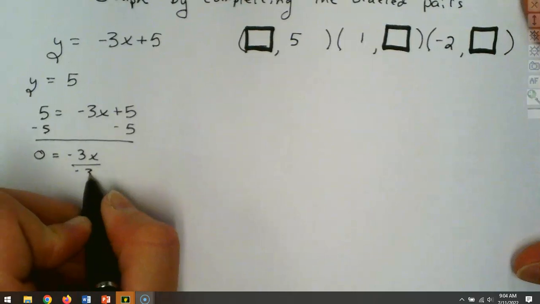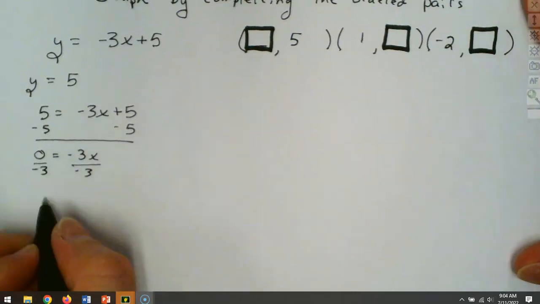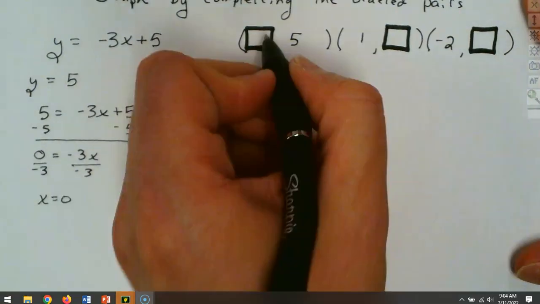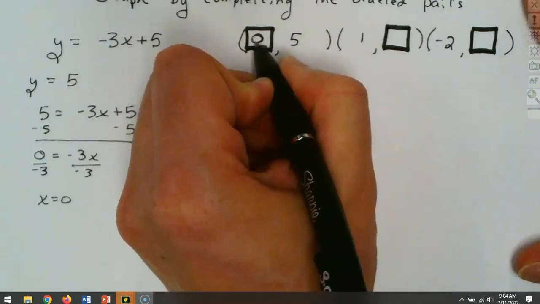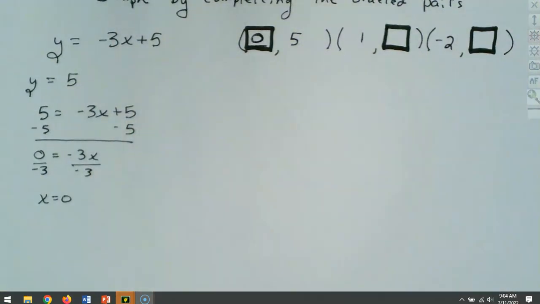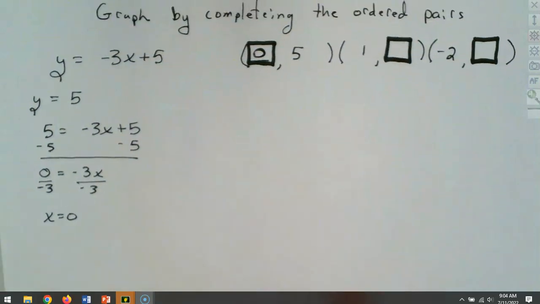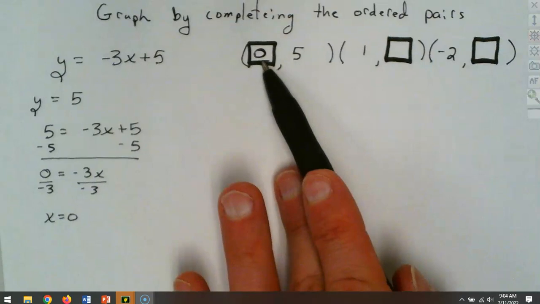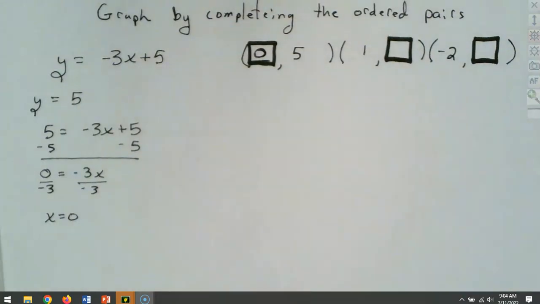So divide by -3, and that gives me now x equals 0. So my first point is 0, 5, and that's going to be called your y-intercept. Because whenever your x value is 0, you have a y value, that's your y-intercept.